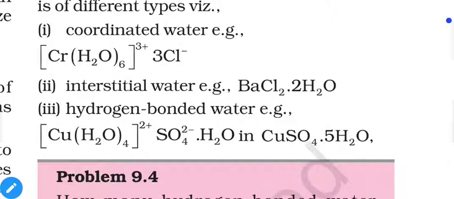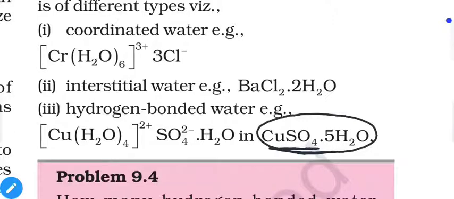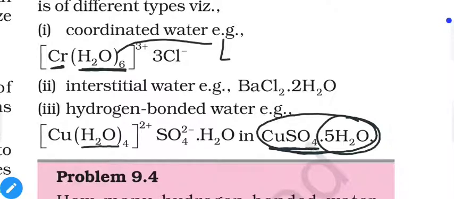And last we have hydrogen bonded water. For example, when we crystallize copper sulfate from water, it turns into CuSO4·5H2O. Out of the 5 H2O, 4 H2O will behave as ligands. As we discussed earlier, we have a metal and an electron-donating atom, ion or molecule. These atoms, ions or molecules are referred to as ligands, which donate electron pairs towards the metal.